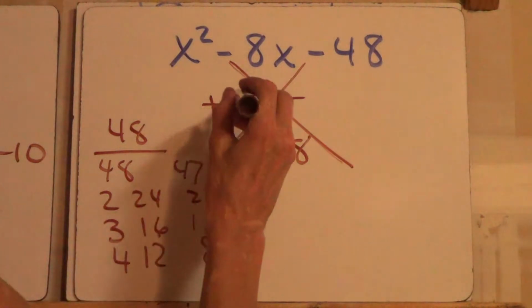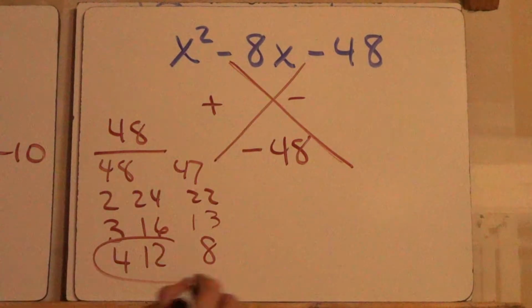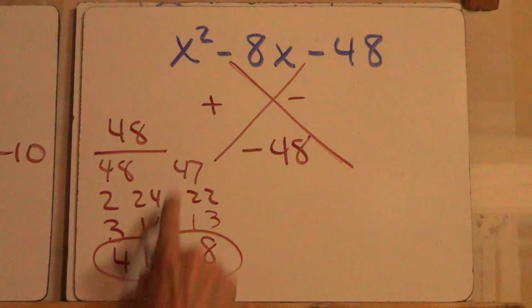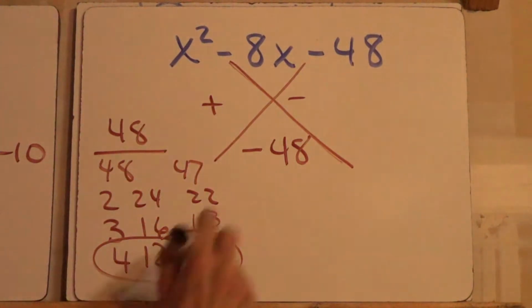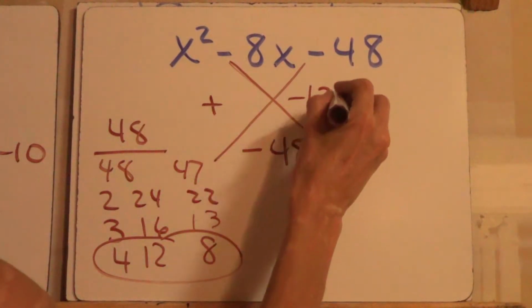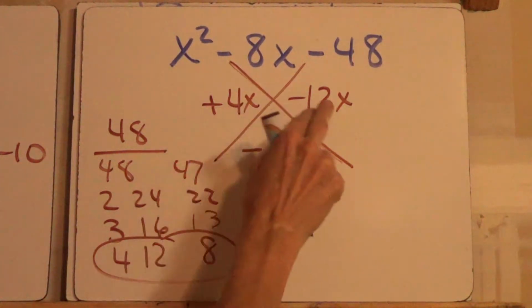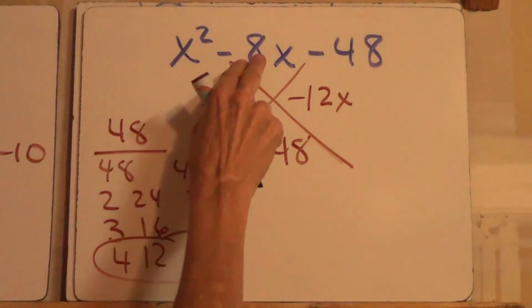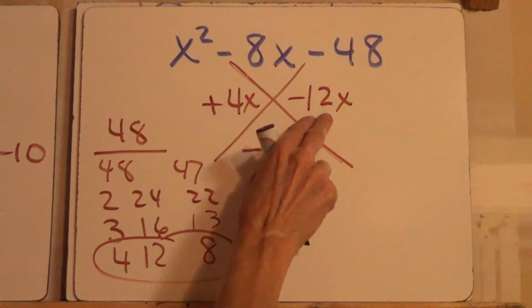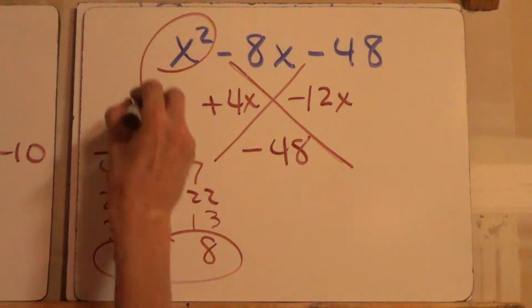Okay? So now we need to take the one that's farthest from 0 and match the sign there, just like we did before. So that would become a negative 12x plus 4x. When you combine those, subtract them, you would end up with a negative 8 because there's more negatives left over.